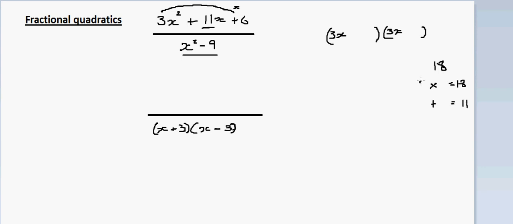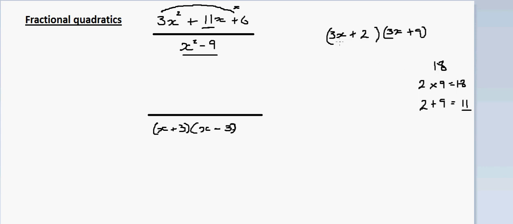I do know that 2 times 9 will give me 18, and 2 plus 9 will give me the 11 that I want.